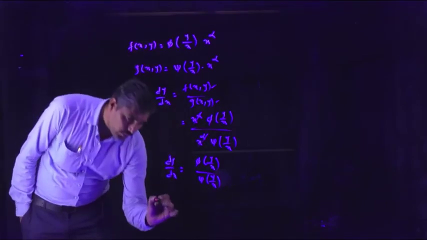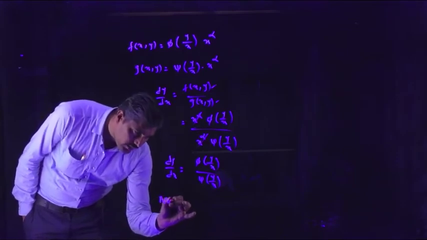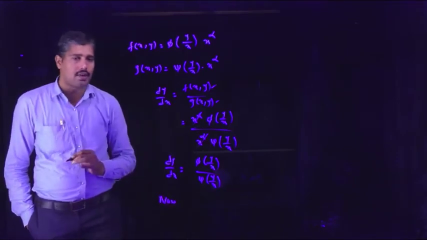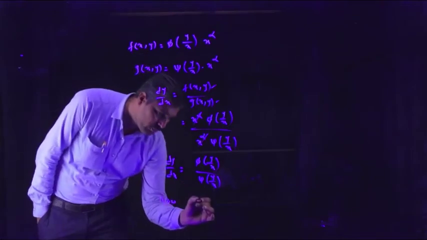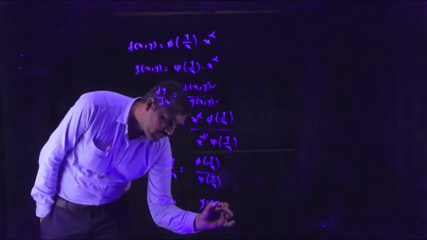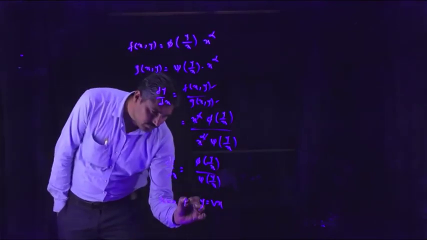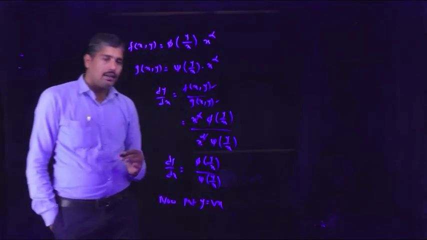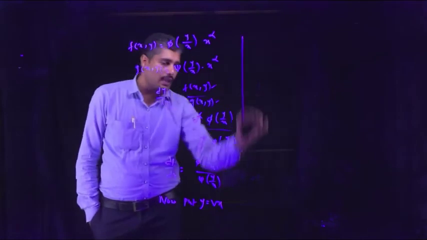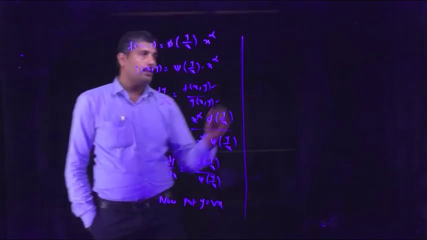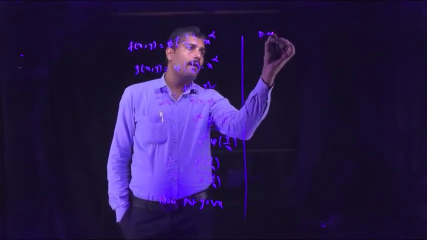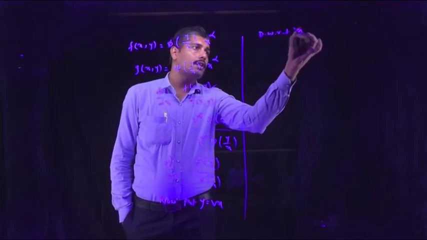Now for solving the homogeneous differential equation, we take the hint: put y = vx. Right, take the derivative with respect to x on both sides.